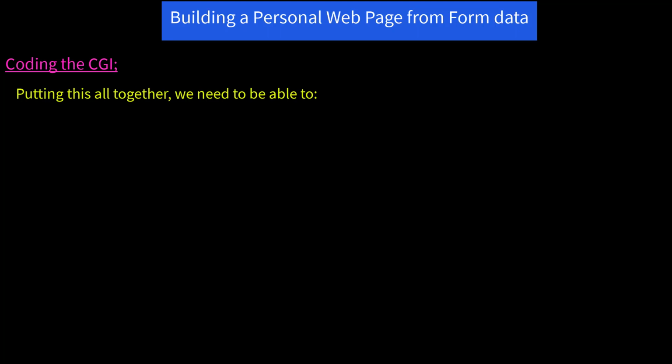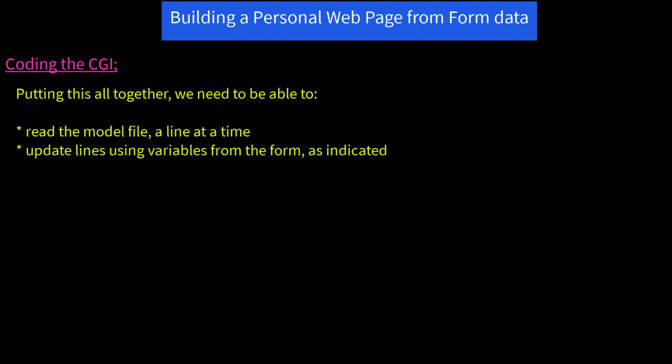To put this all together, we need to be able to read the model file a line at a time, update lines using variables from the form, as indicated, and write out the new personal page to the server a line at a time.